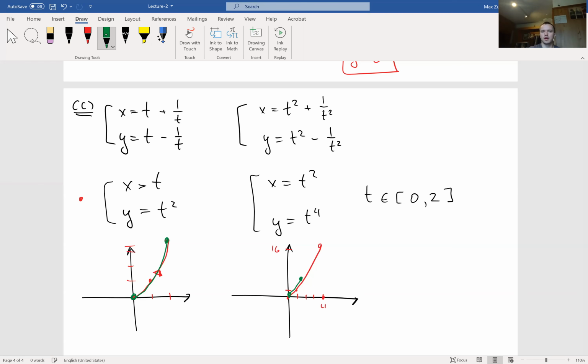Basically, when I square the parameter of the first parameterization, the particle on the graph moves faster. You can think of t as time, and for the same amount of time the red particle covers more distance.